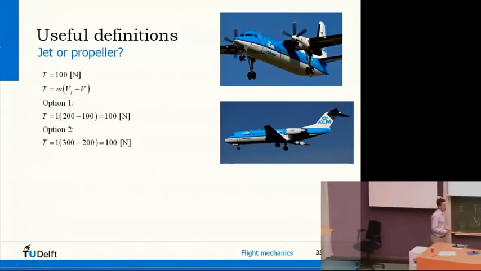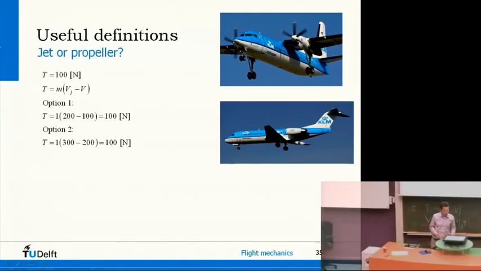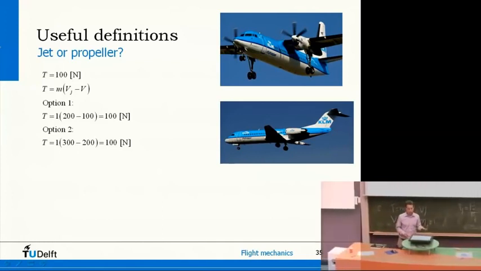But you can see immediately that the thrust is identical in both cases, but this ratio of Vj over V is not the same. In one case it's basically 200 divided by 100, which is 2. In the second case it's 300 divided by 200, which is 1.5.